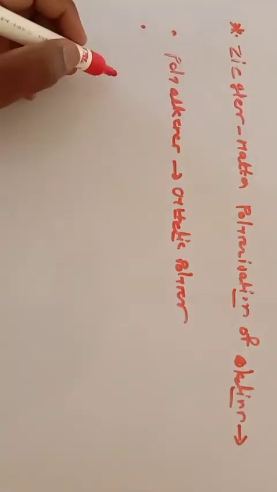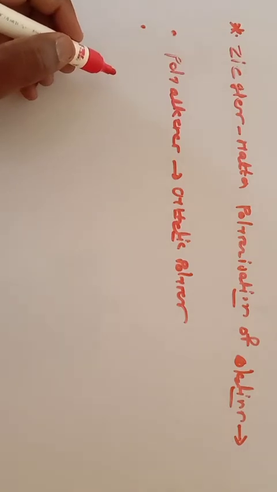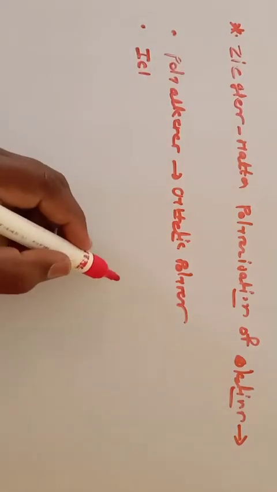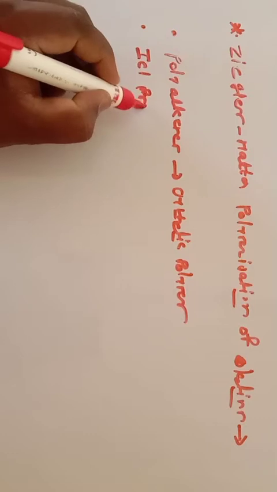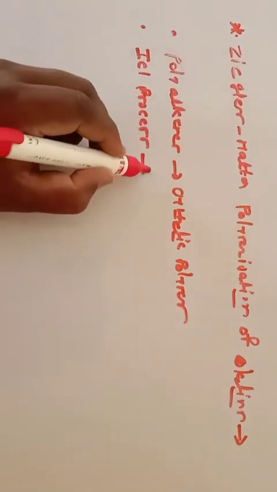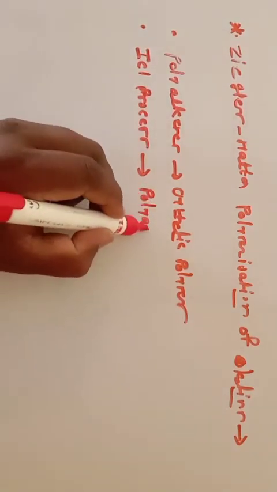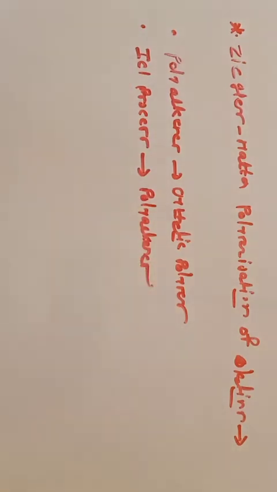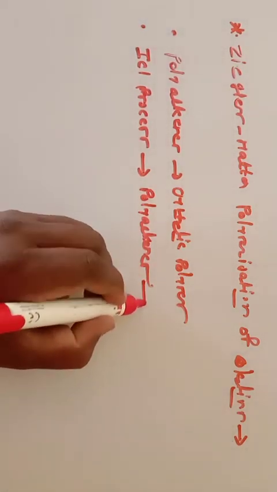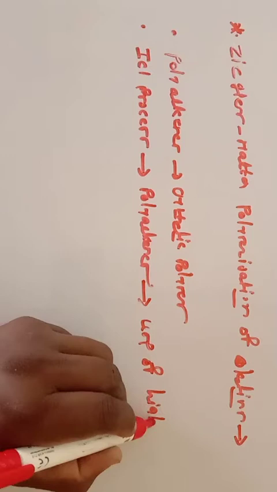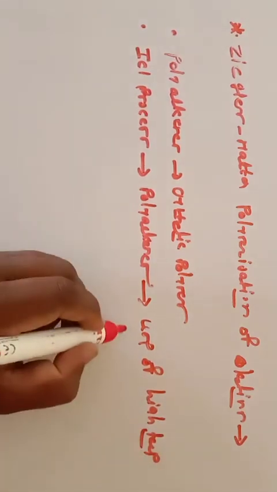Second, the original ICI process, the old process which is used for the production of polyalkenes, involves the use of high temperature and pressure.